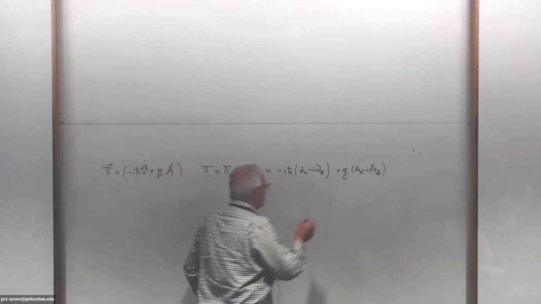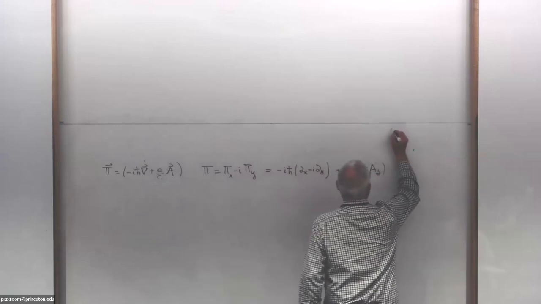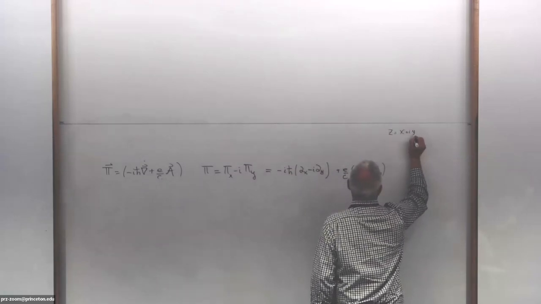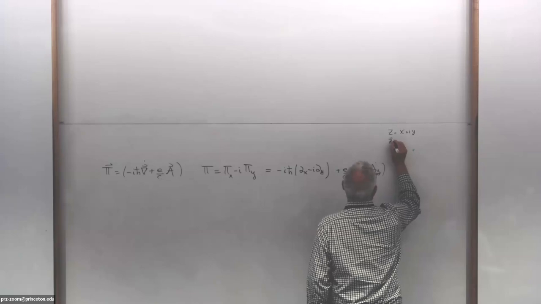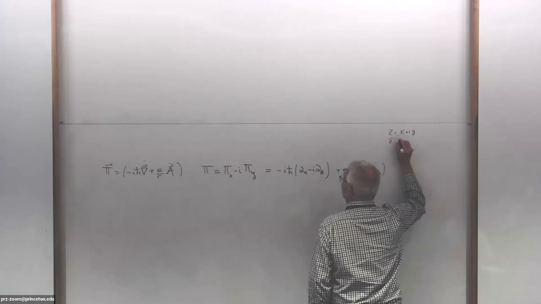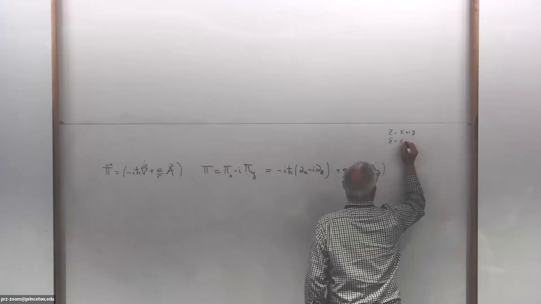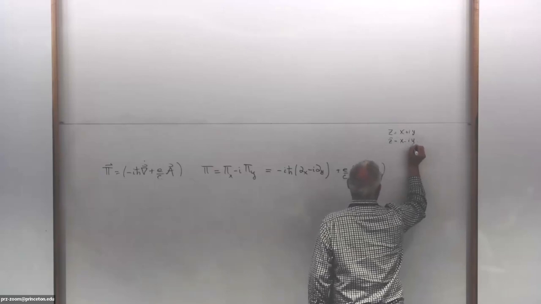So we're going to change variables from x and y to z, which is x plus iy, and z bar, which is x minus iy.